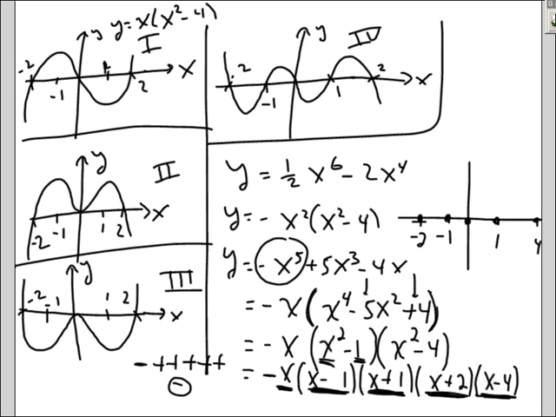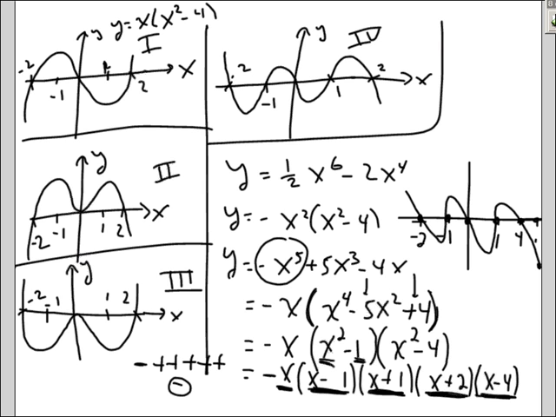So let me just move this over because this just isn't working well. Okay, here's my 0 at 2. And when I'm more than 2, I'm negative. So I come up, I cross, I cross, I cross, I cross, I cross.